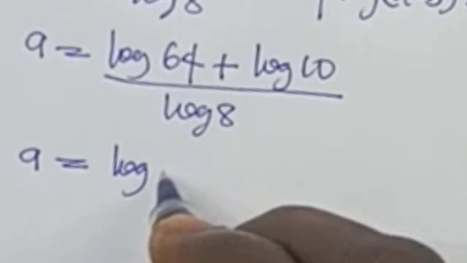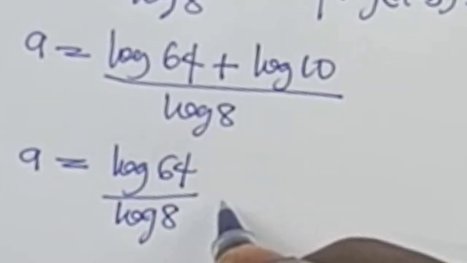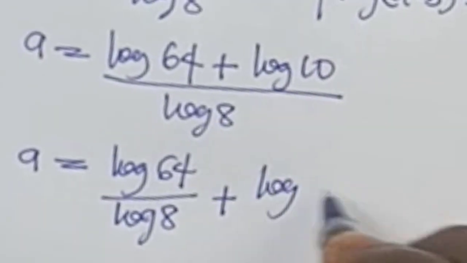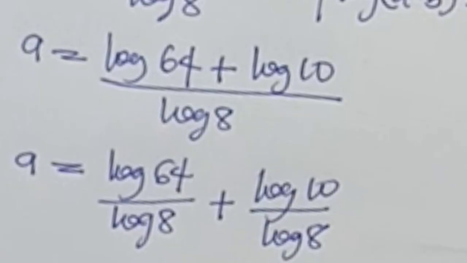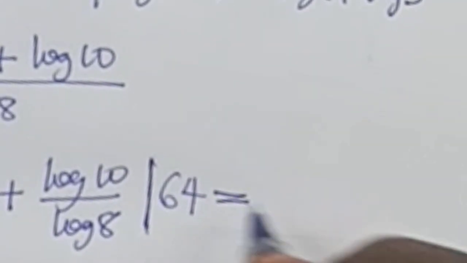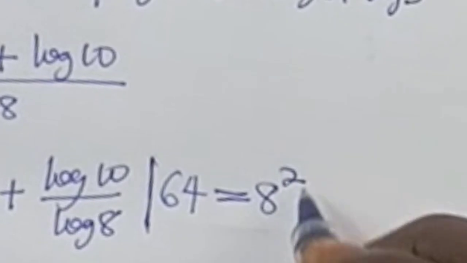And now to write in separate fractions, we can write a equals log 64 over log 8 plus log 10 all over log 8. So 64 can be written as 8 to the power of 2.